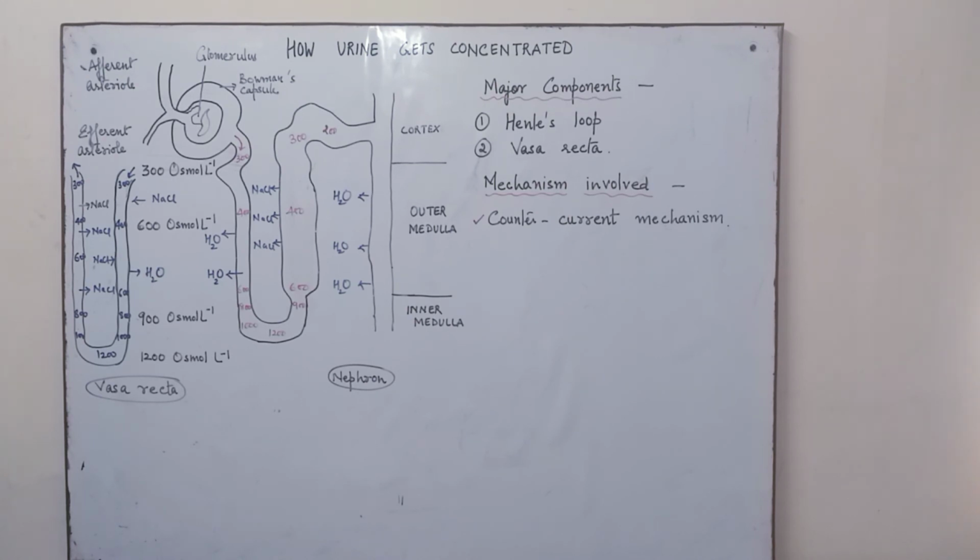Therefore, this transport of substances, supported by the Henle's loop and vasa recta, is called the counter current mechanism.